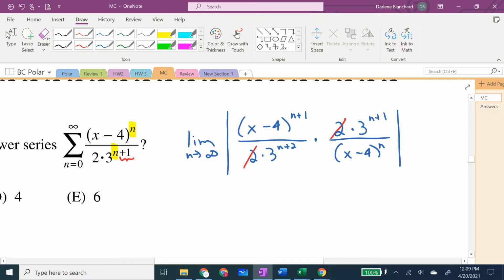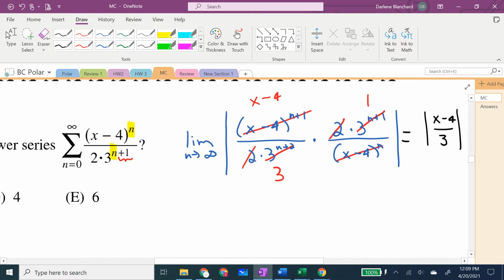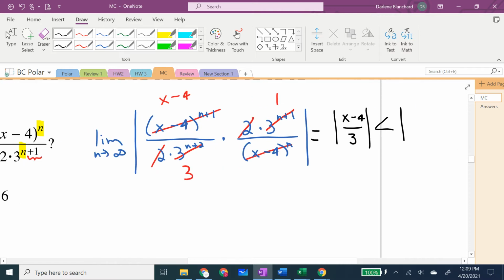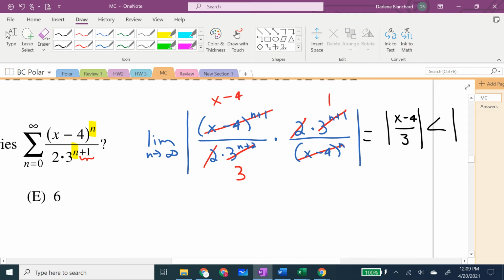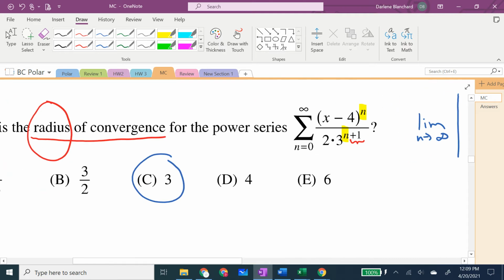Two divided by 2, bye-bye. 1 extra 3 in the denominator, 1 extra x minus 4 in the numerator, and the answer to this limit is absolute value of x minus 4 over 3, and the ratio test says converge if less than 1. And then we're back to that point that we were at again.